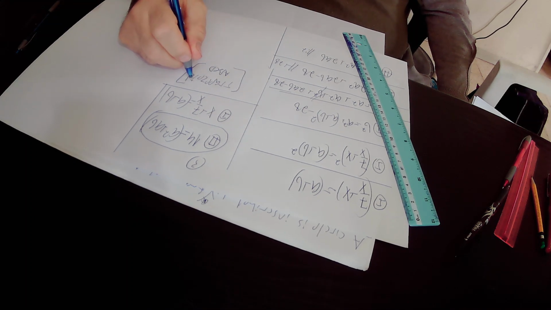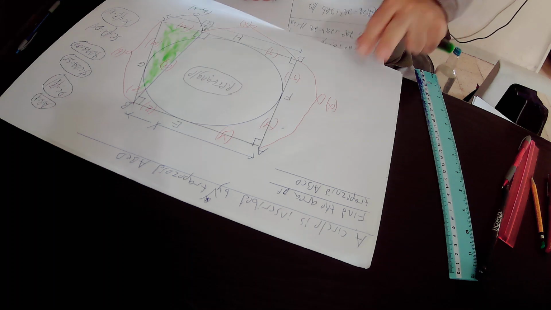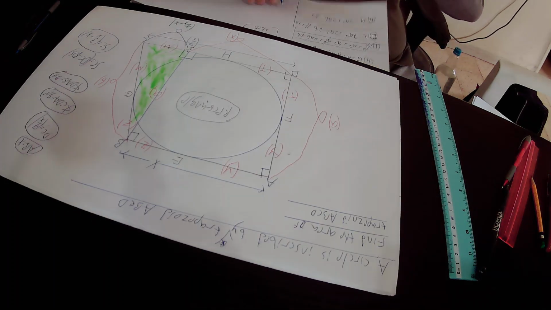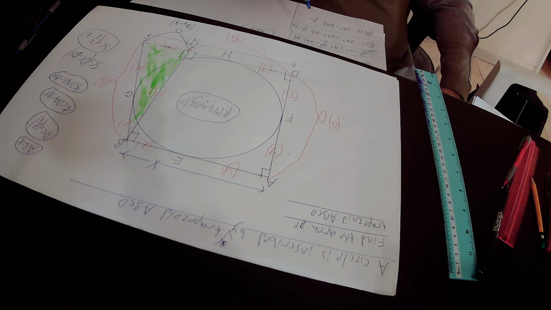According to the formula that I presented to you in the beginning of the lecture, the area of trapezoid ABCD will be equal to the sum of its two bases times the height over 2. And as I already mentioned before, the two bases must be parallel to each other.